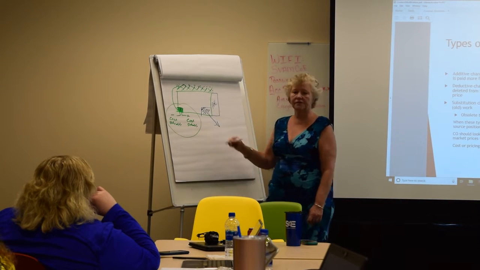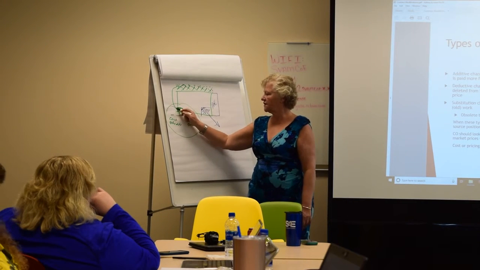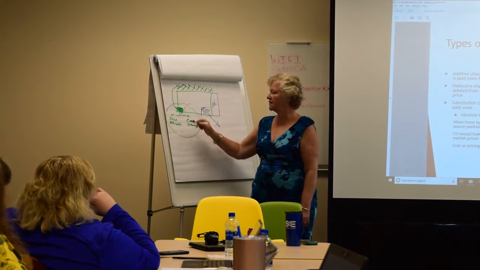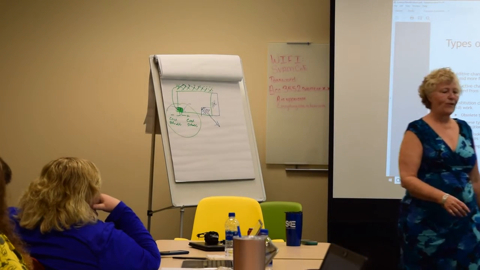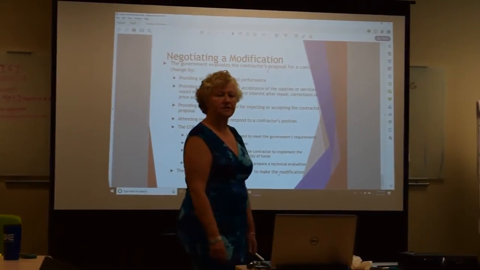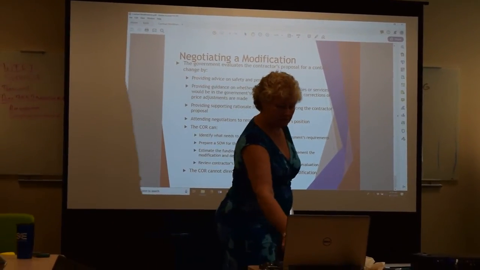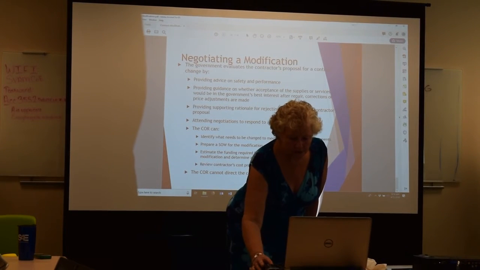It's being removed from the contract. Or a substitution. We're bringing stuff in and we're taking stuff out. So that's an example of a substitution. And then you go through the negotiation process, like you did for anything else.